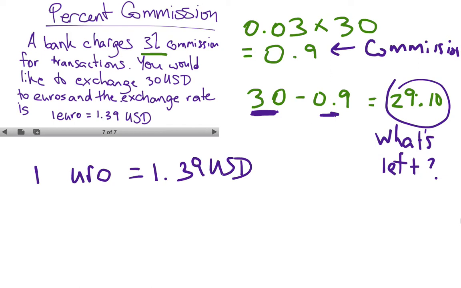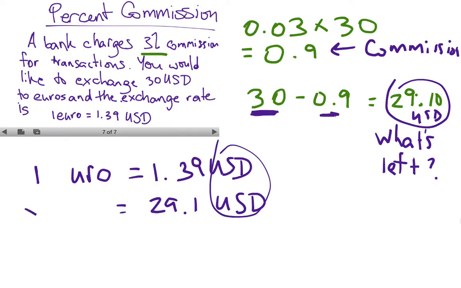And what is the unit of that? USD. Exactly. So we put that under the USD, so it's 29.1 USD. And we don't know how many euros we're going to get, so we put X over here. And we cross multiply.